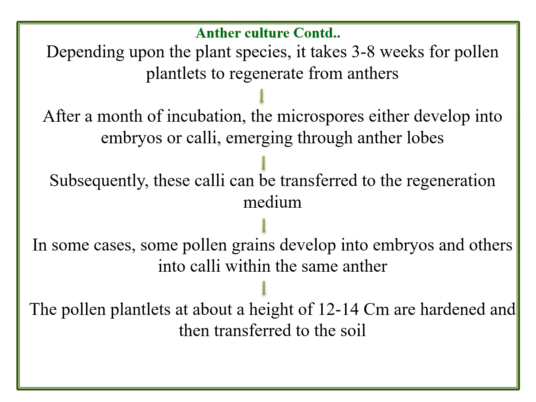high acid production because of the cultural conditions, and abnormalities. After 1 month of incubation, the microspores either develop into embryos or calli emerging through the anther lobes. Subsequently, the calli can be transferred to regeneration medium.